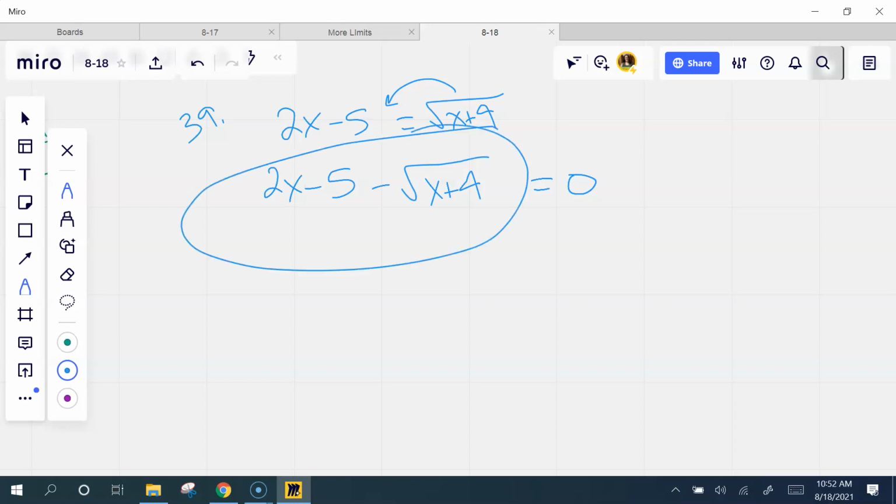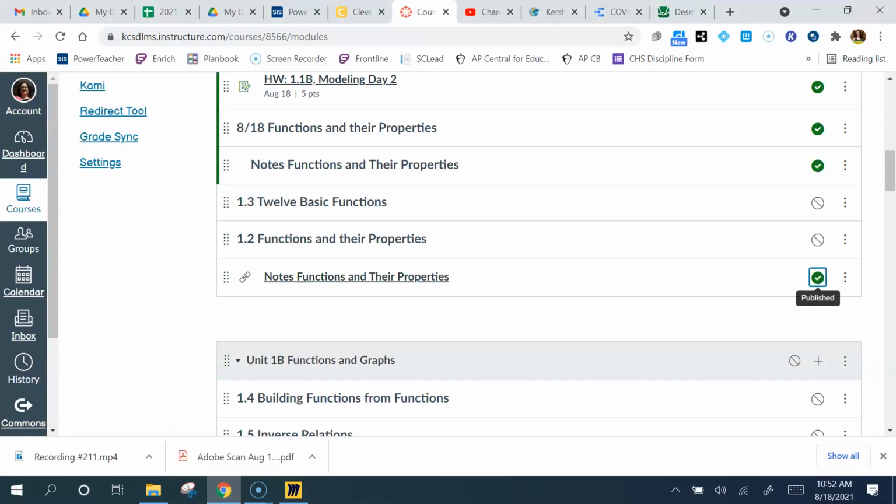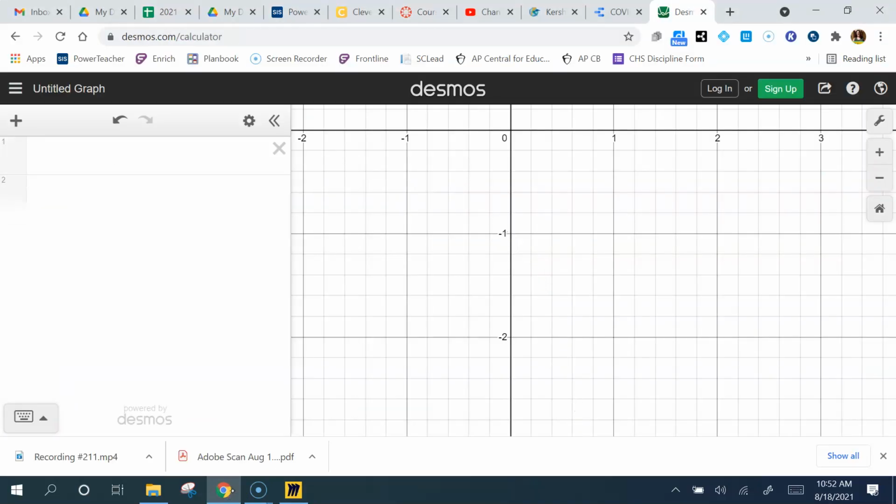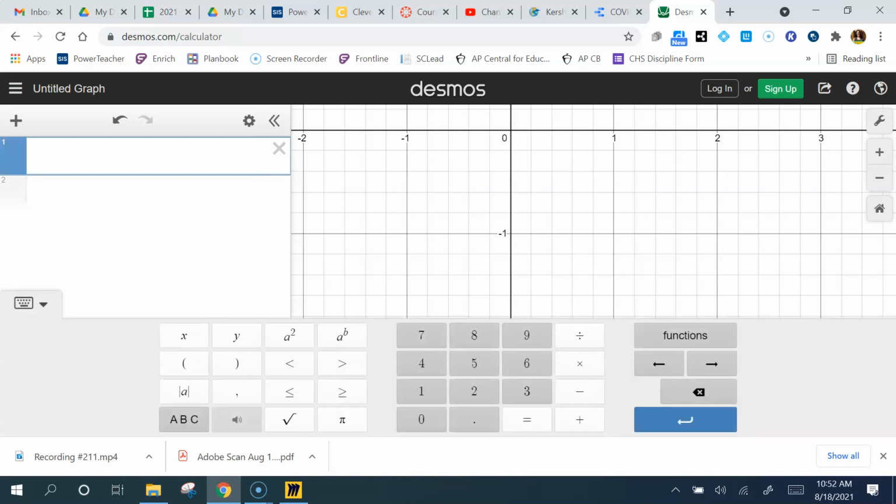Graph this. Yes, that's all you were supposed to do. Y'all didn't read the directions?